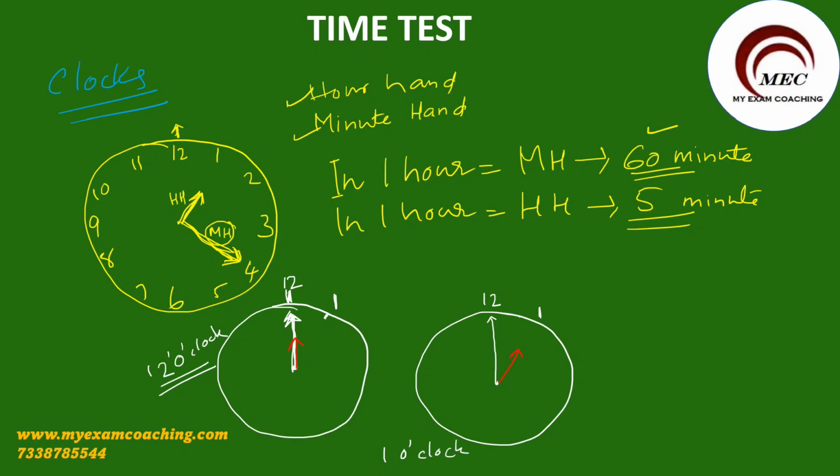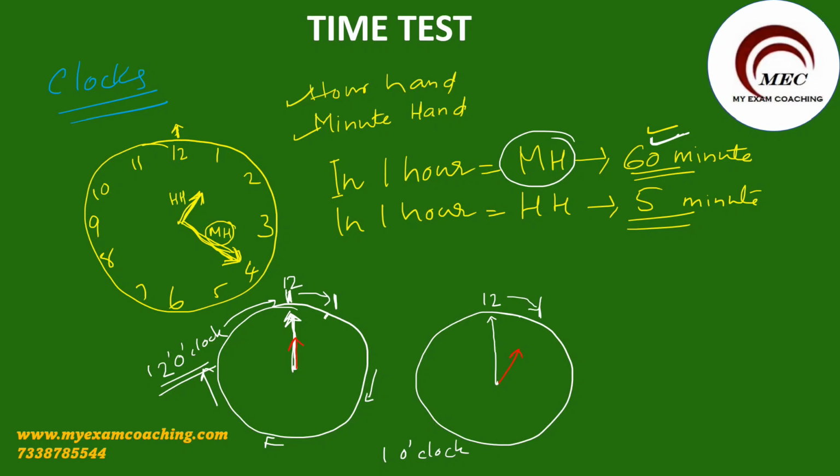Now in 1 hour, you can see the minute hand starts from here and it completes the full rotation and comes back to 12. That means in 1 hour, the minute hand will cover 60 minutes. But in 1 hour, the hour hand moves from here and goes up to here.